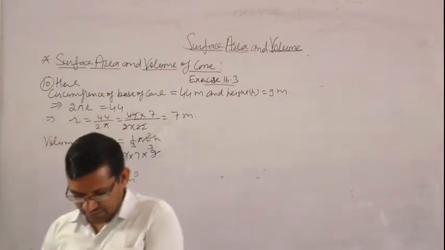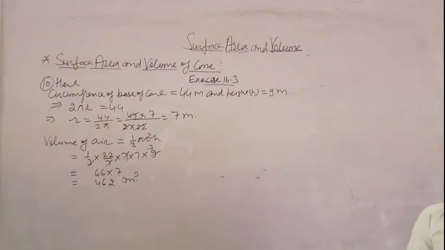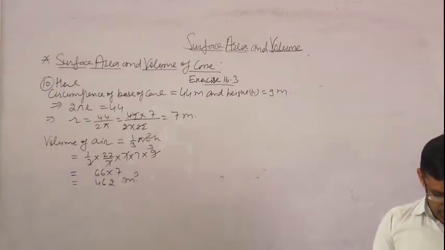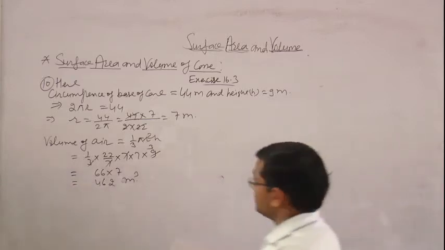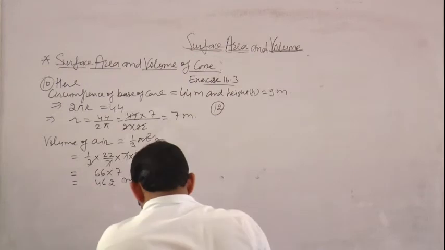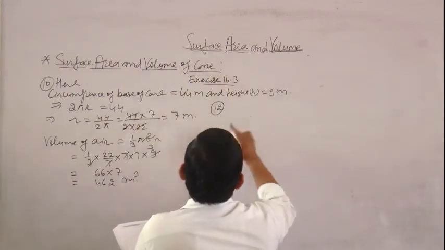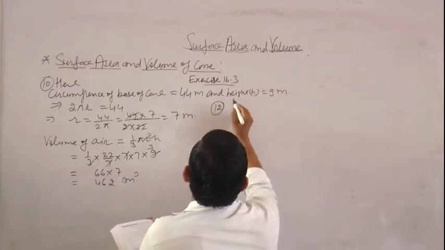Then some students ask question number 12. A cone of maximum height is cut from a cube of edge 14 centimeter. In this question, what is given? Edge of cube, it means side.